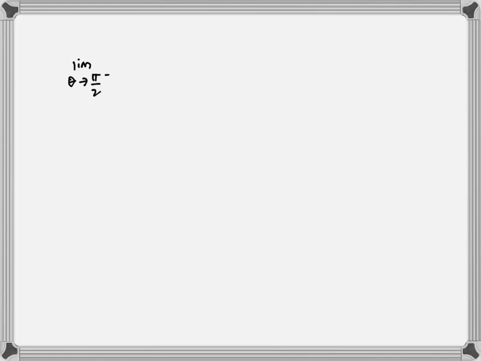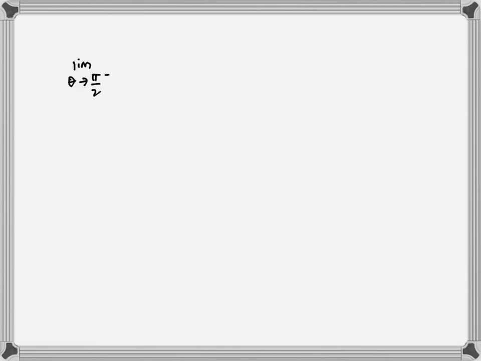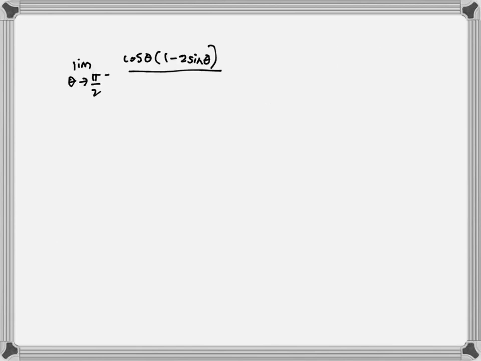And we want this to be for the derivative here. We have cosine of theta, 1 minus 2 sine theta, over, and then the bottom, remember, is 2 sine theta plus 1 times sine theta minus 1.